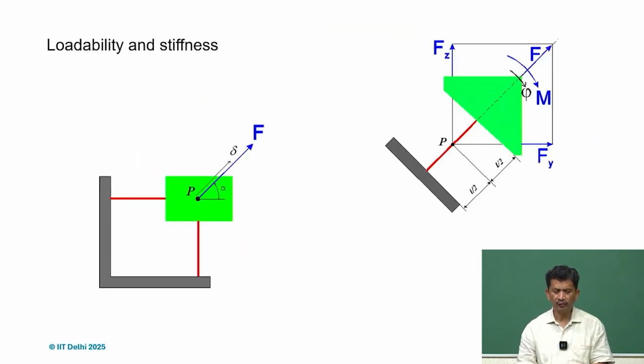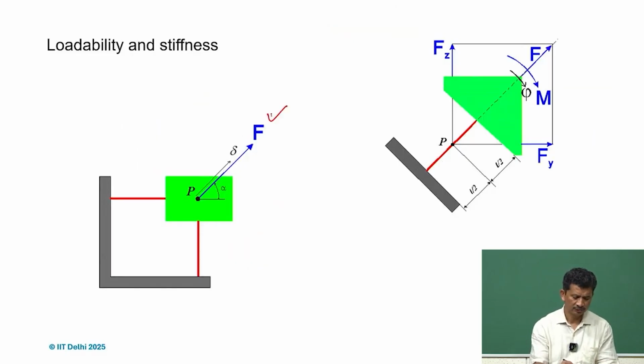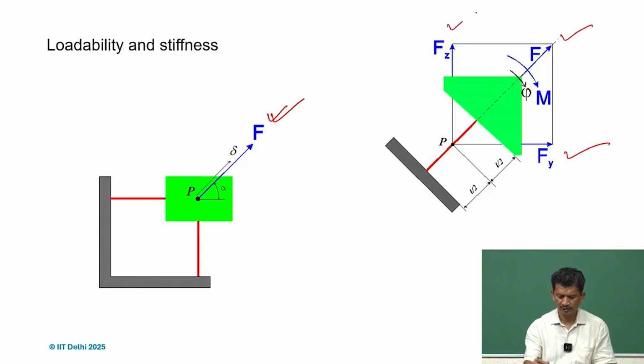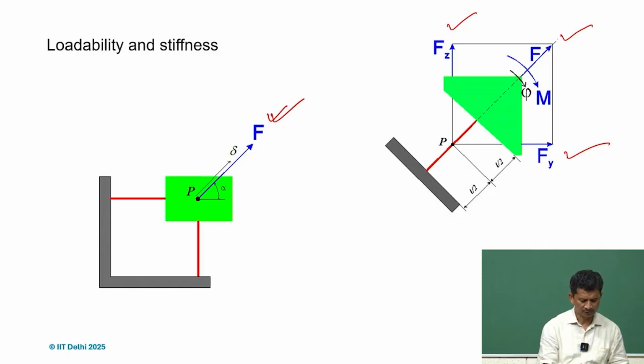So when we know that this dominant load is not static and the directions are changing all the time, what we can always do is resolve it into two components, Fy and Fz, and then considering Fy and Fz as dominant loads, we can put two flexures, one along Fy and the other along Fz.